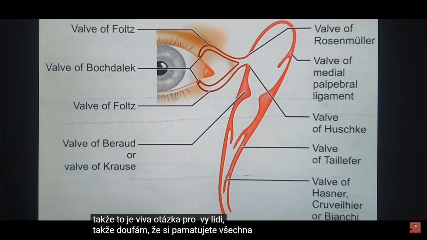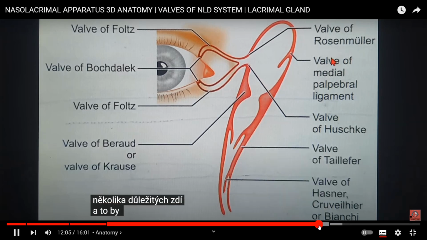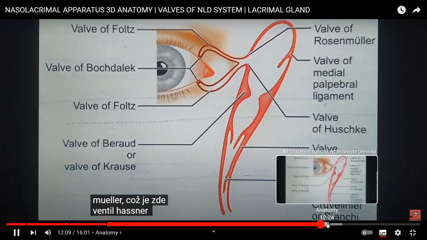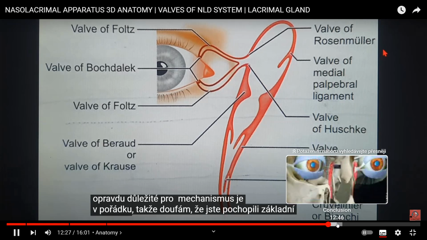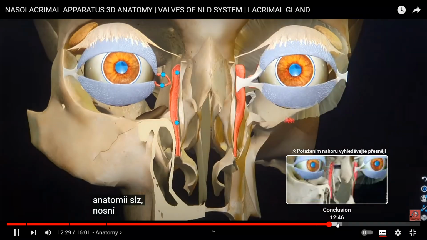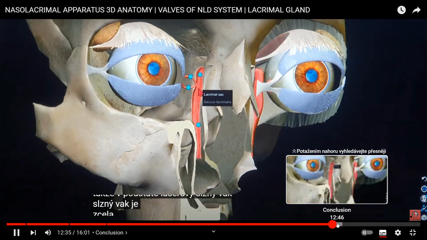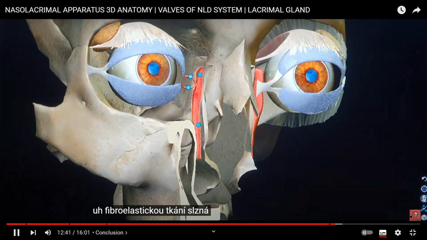So I hope you remember all these names for your Viva questions, and below the valve of Rosenmuller, which is here, the valve of Hasner. Okay, so I hope you understood the basic anatomy of the nasolacrimal apparatus. So basically the nasolacrimal sac, the lacrimal sac is completely fibroelastic and is covered with fibroelastic tissue, the lacrimal fascia.